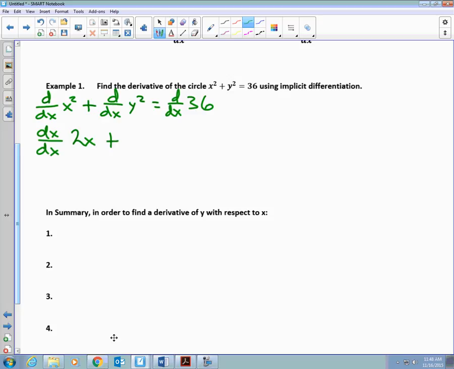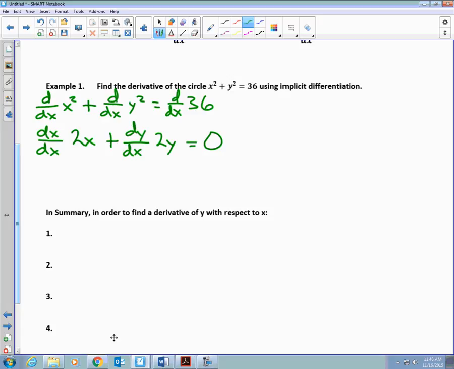Plus, what's the derivative of y squared? 2y. And one of those y's, the y that was reduced, will be absorbed in the numerator. And what's the derivative of 36? 0. And anything times 0 is 0. Well, look at what you have. What is dx over dx?